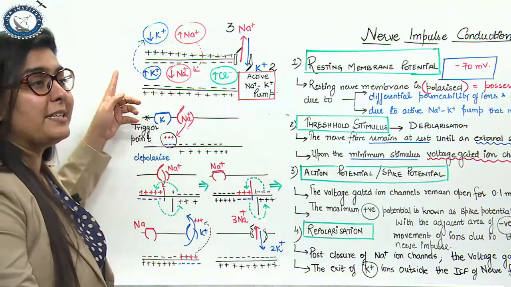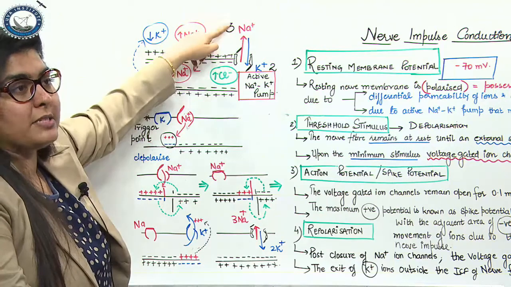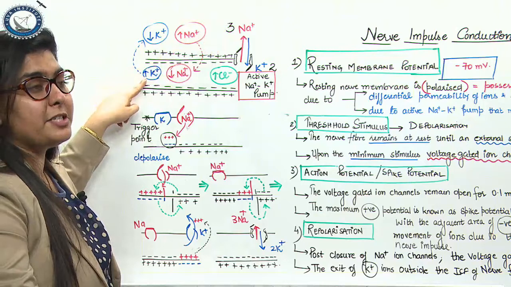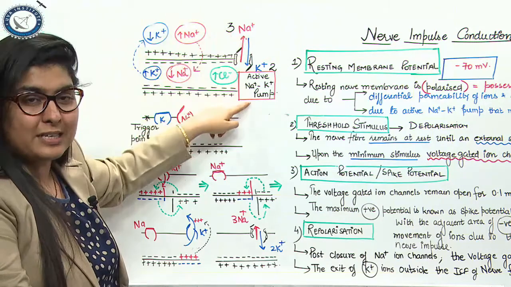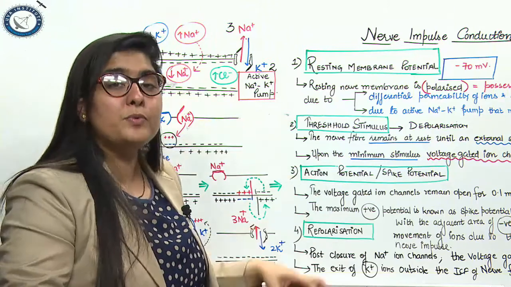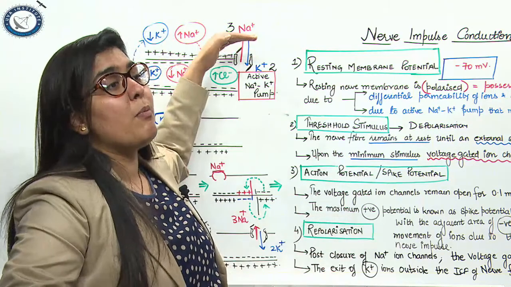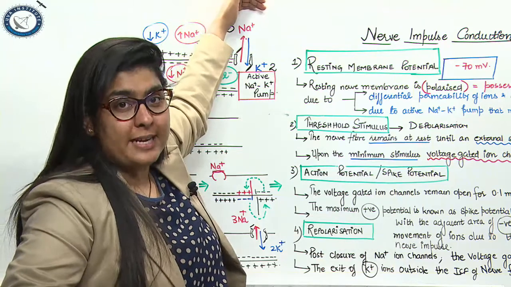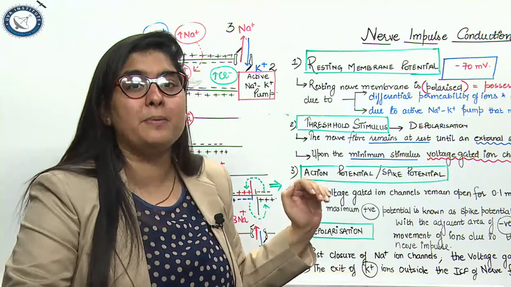Sodium's concentration gradient is inward, so it's going to move against it, outside. Potassium's gradient is outward, but against the concentration it's going to move inside. And it moves them in such a number that more sodium is pumped outside and less potassium is pumped inside.